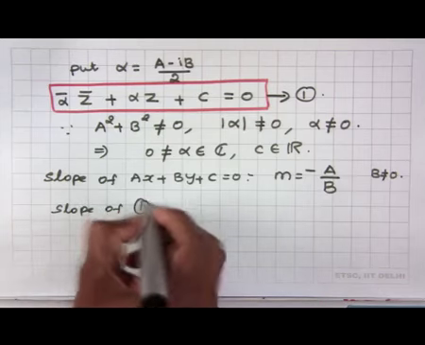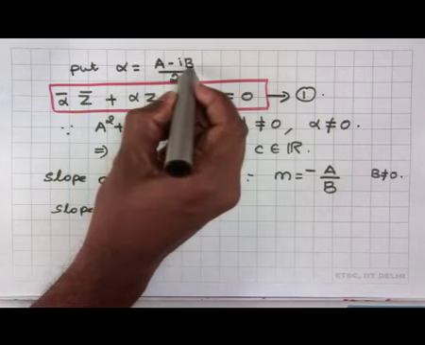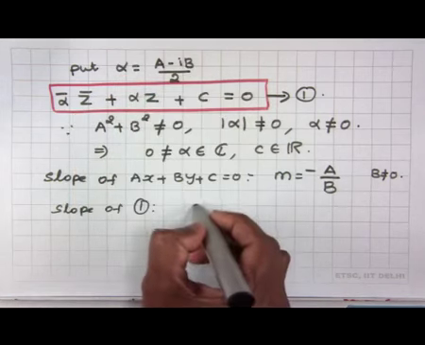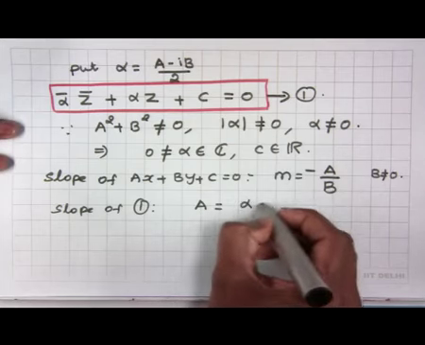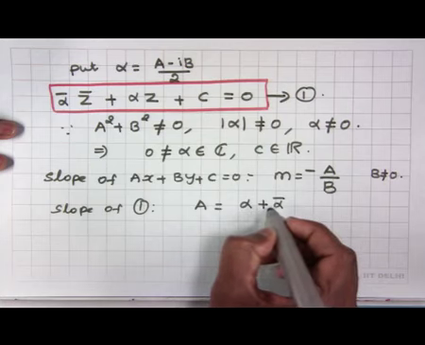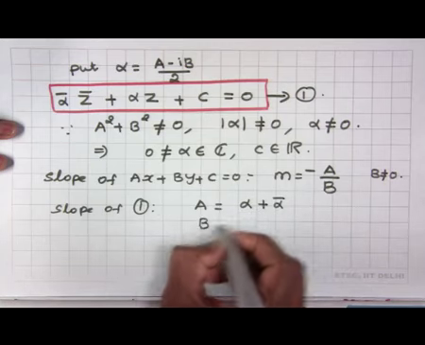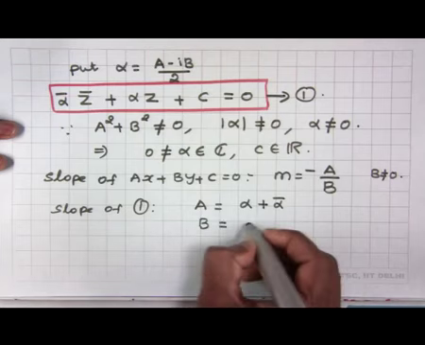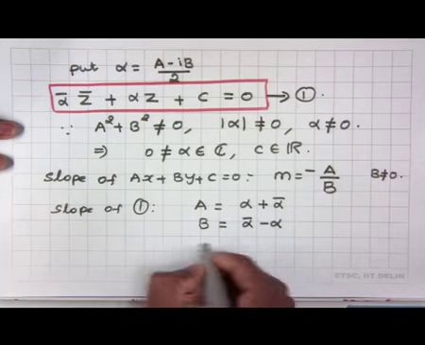So, for the slope of equation 1, since alpha is as defined, a can be derived as alpha plus alpha bar, and b is given by alpha bar minus alpha.